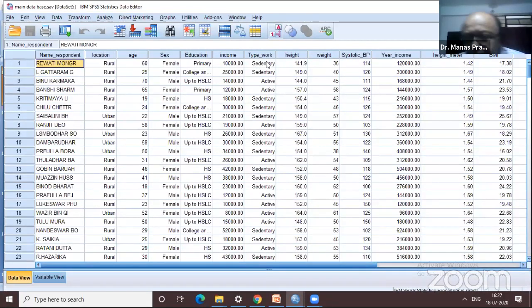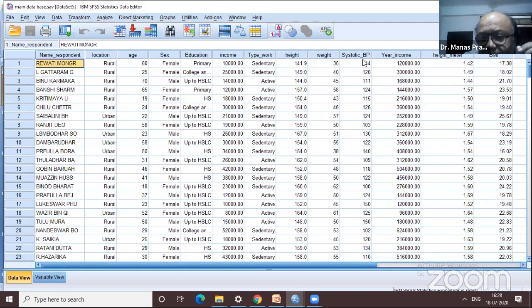Now from some previous study, I know that the mean systolic blood pressure of the people of Mizoram is 120. From the previous study, I got the result that the mean systolic blood pressure of individuals residing in Mizoram is 120.